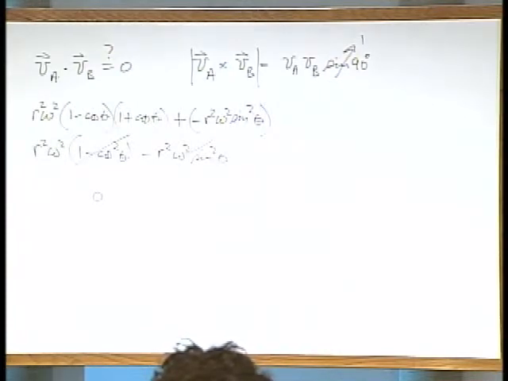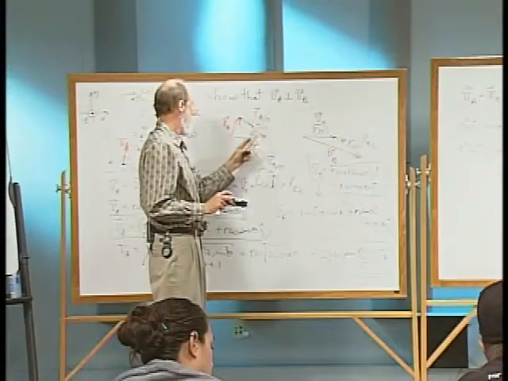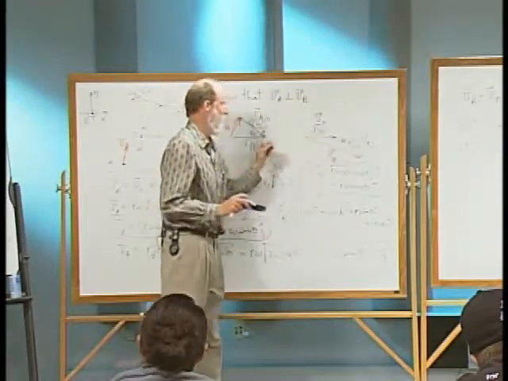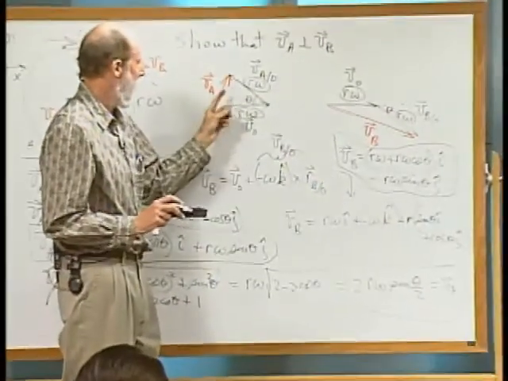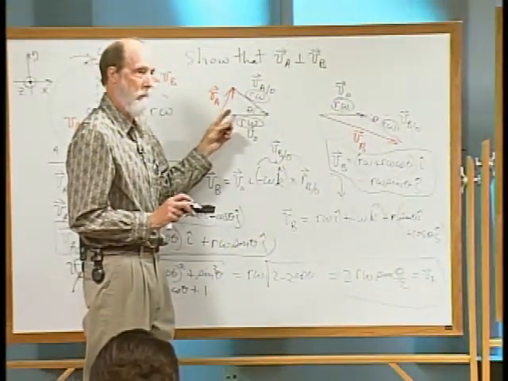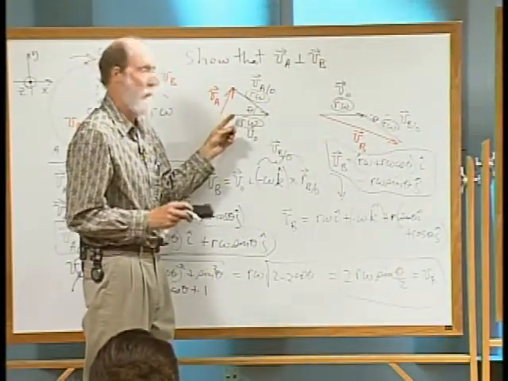Could you look at these two vectors and the fact that your triangles are isosceles in both cases and do the geometry instead of relying on the dot product like we just did?